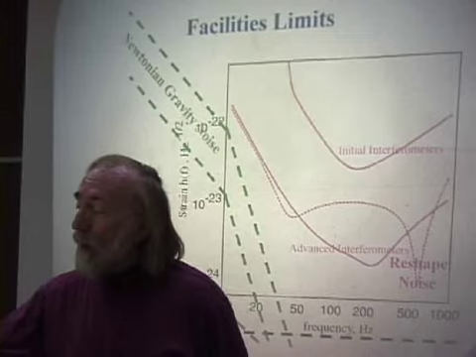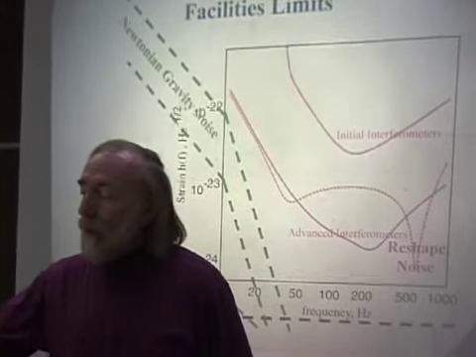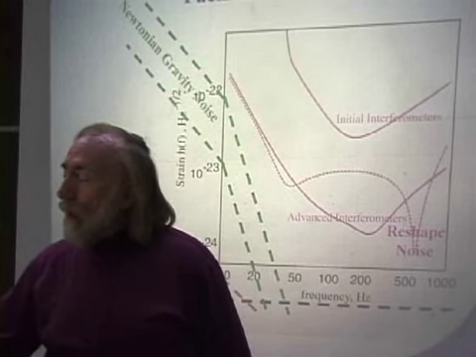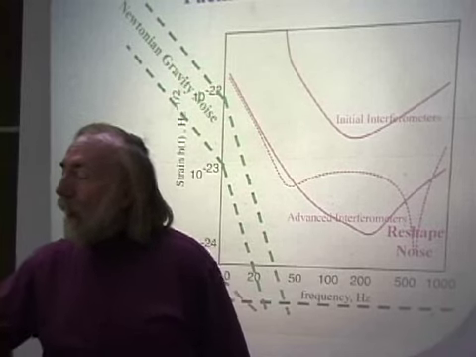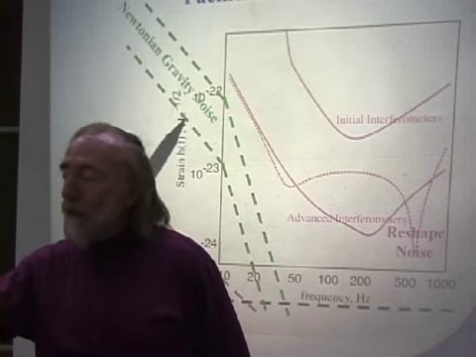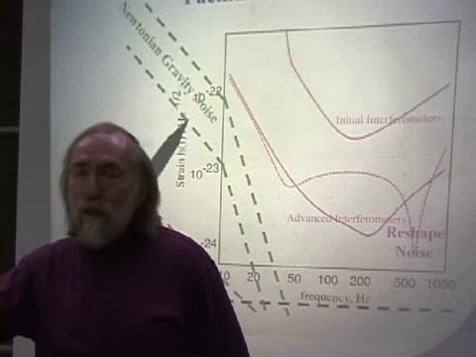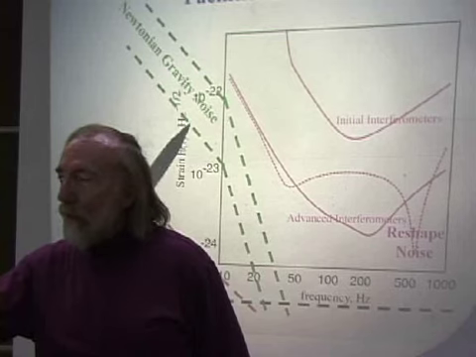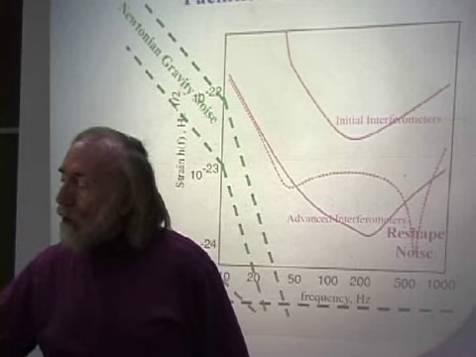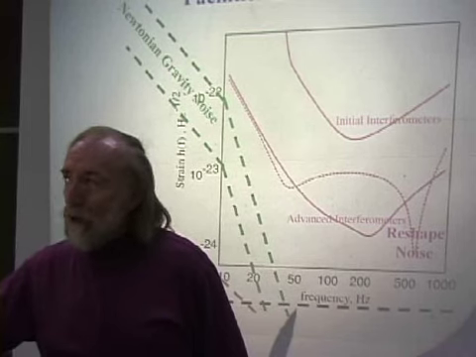A limit due to scattered light noise. This has to do with scattering of light in the LIGO beam tubes. A limit that's associated with Newtonian gravitational noise due to fluctuating Newtonian gravitational fields pulling on the test masses, and then a limit associated with residual gas in the LIGO beam tubes.